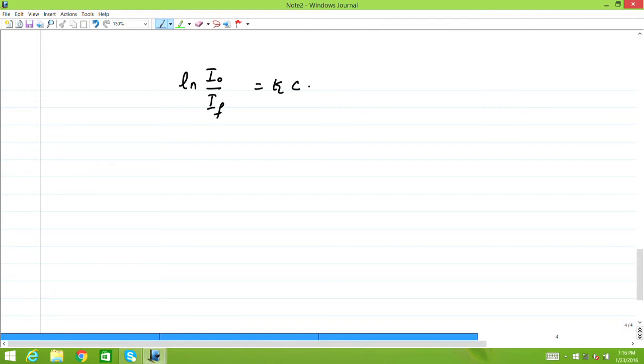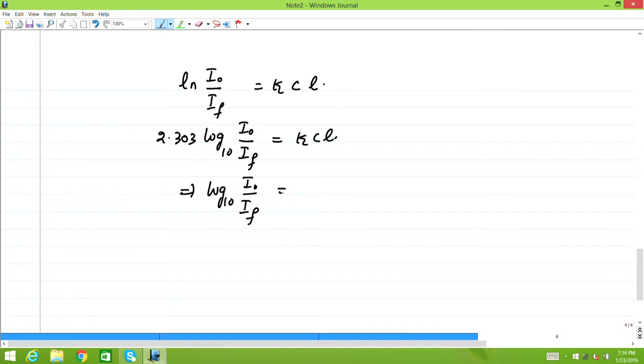times c times L, and Ln is of course 2.303 times logarithm to the base 10 of I naught by IF, and that is equal to kappa times CL, and so you write logarithm to the base 10 of I naught by IF is equal to kappa by 2.303, which is again a constant, times CL, and this is what is called the epsilon or the molar extinction coefficient.